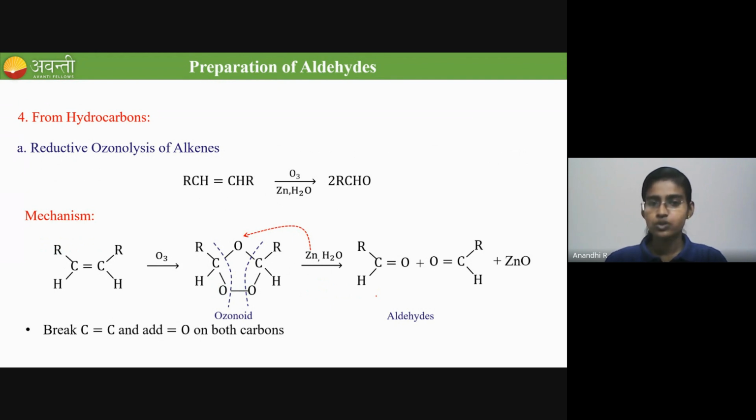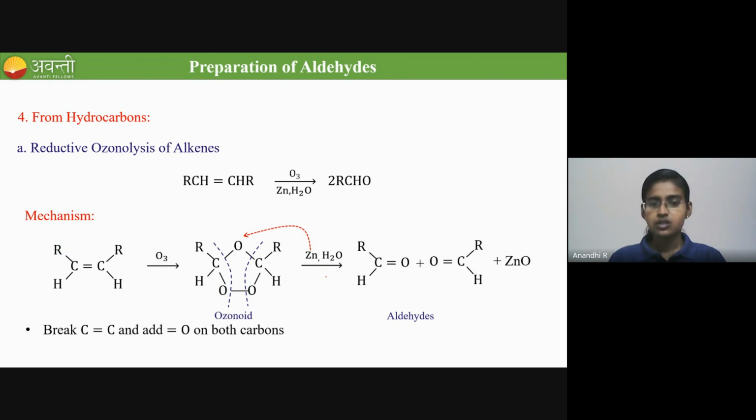Adding ozone to the alkene first, then reducing it with zinc metal in presence of water. What is happening basically is that this ozone is getting added to the double bond here, and it forms a 5-membered ozonide like this. And on treatment with zinc and H2O, we get 2 different types of aldehydes, and for this example, we are getting the same type of aldehyde.